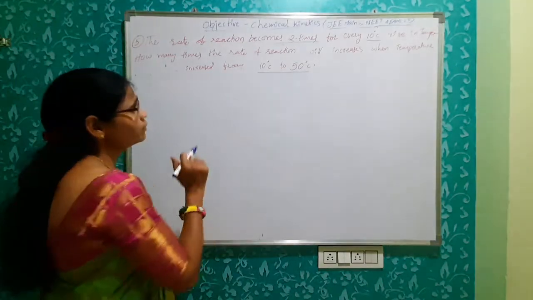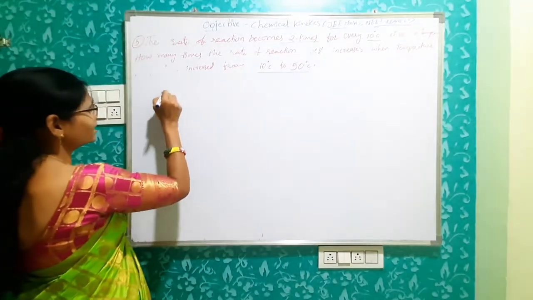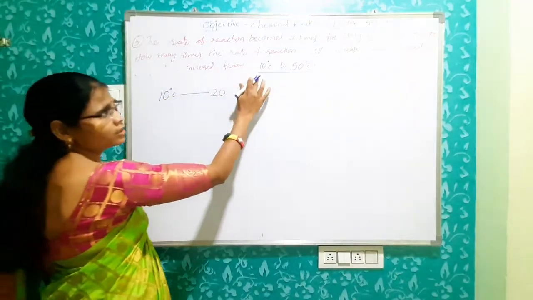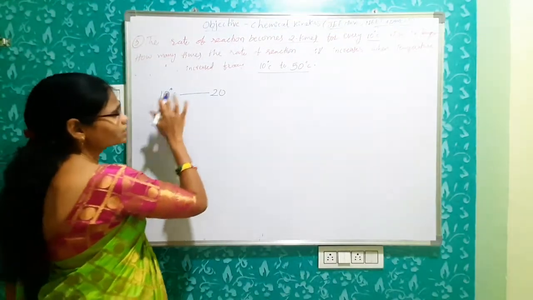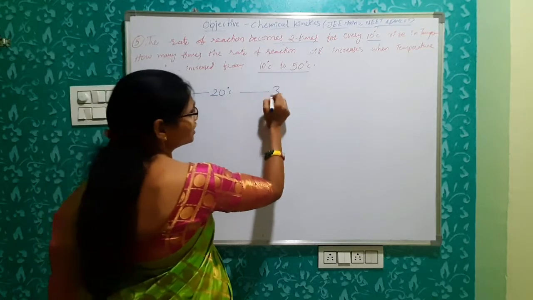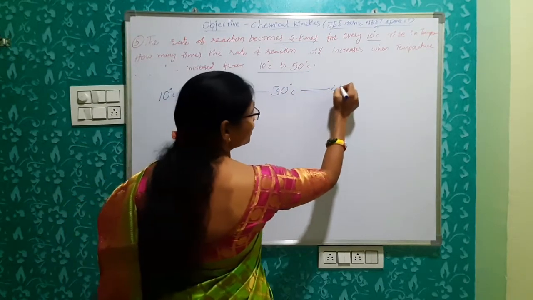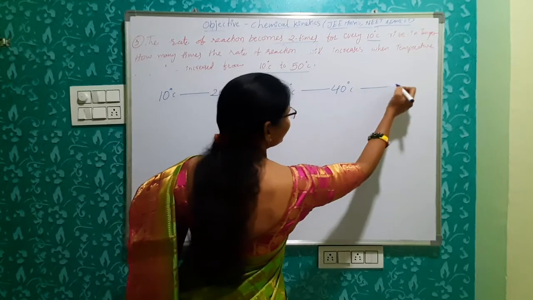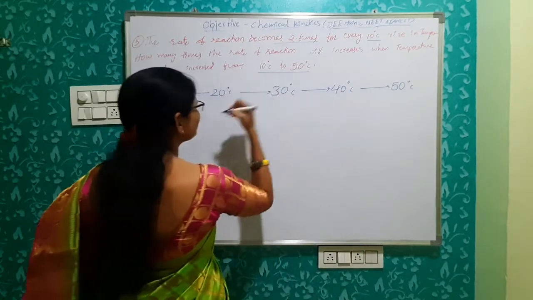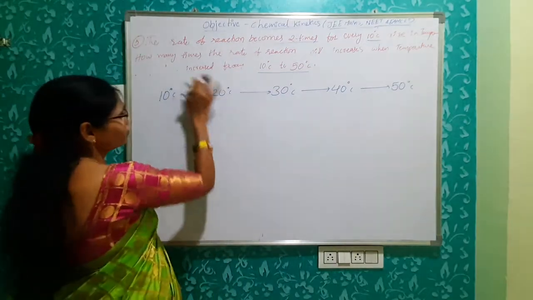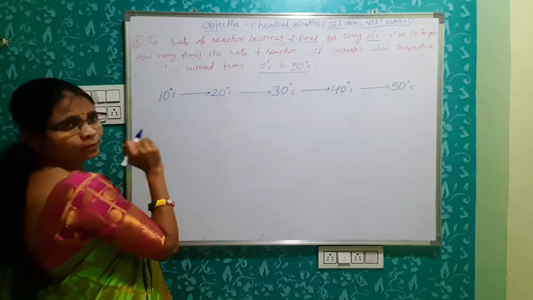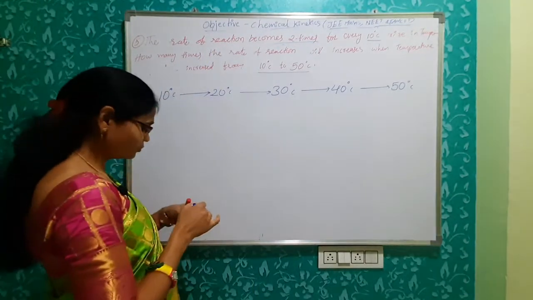Simply, for every 10 degrees rise in temperature, for example here 10 to 50: 10 degrees Celsius to 20, then 30, 40 and 50 degrees Celsius. For every 10 degrees rise in temperature, the reaction rate becomes 2 times.